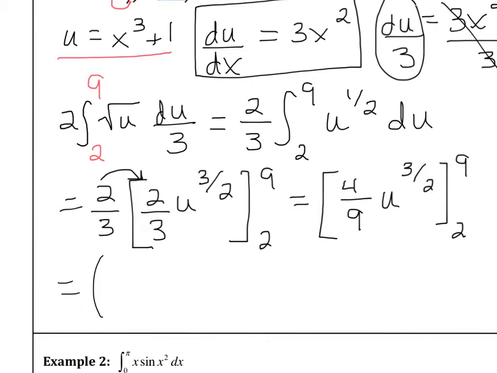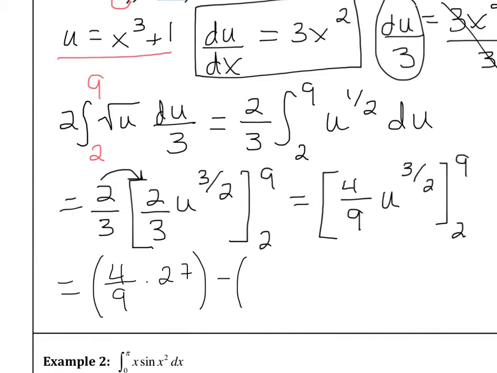Okay, so the value of this function at 9, well, the 4/9 is going to stick around, 9 to the 3 halves. That really means the square root of 9 cubed. So the square root of 9 is 3, and 3 cubed is 27. Minus the value of this thing at 2.